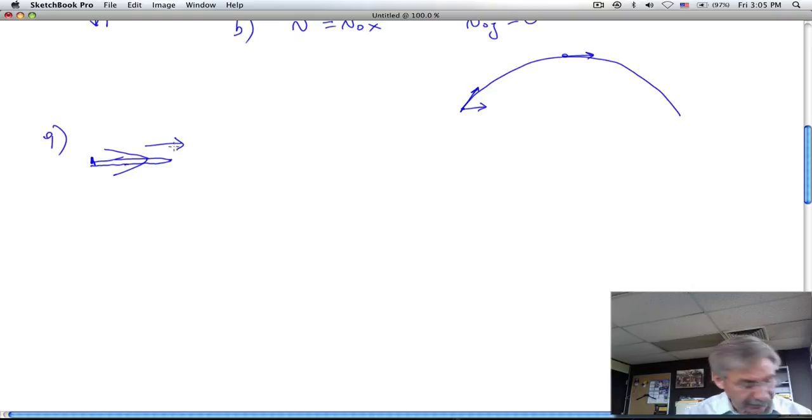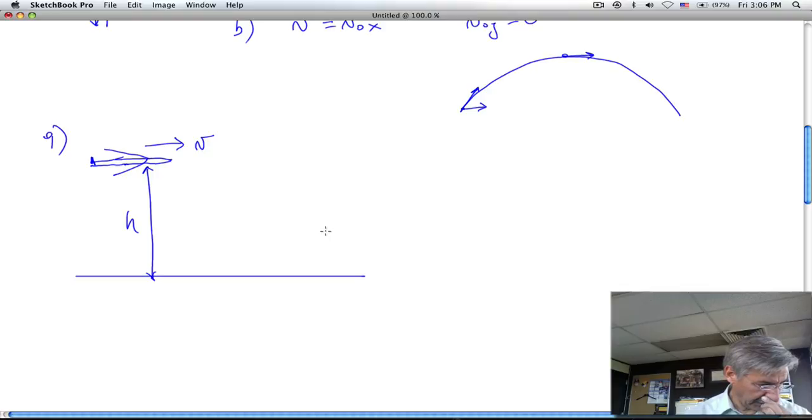It's traveling horizontally with a certain velocity, so this is the velocity. And it's at a certain height from the ground. So this is the problem. And now it drops a bomb.